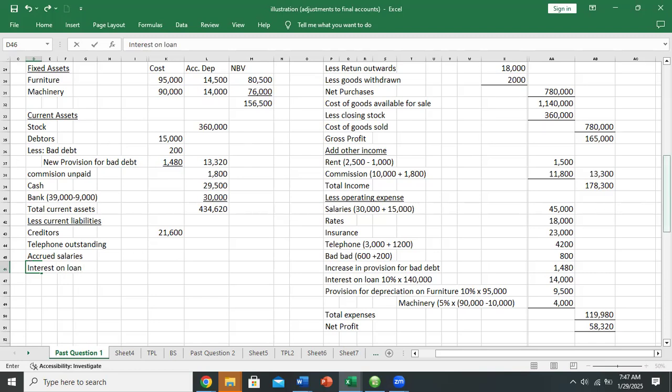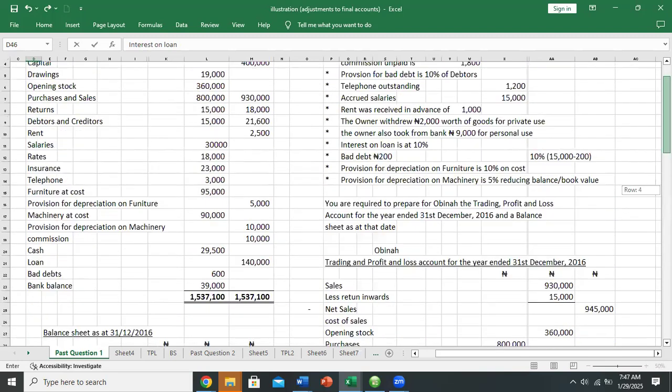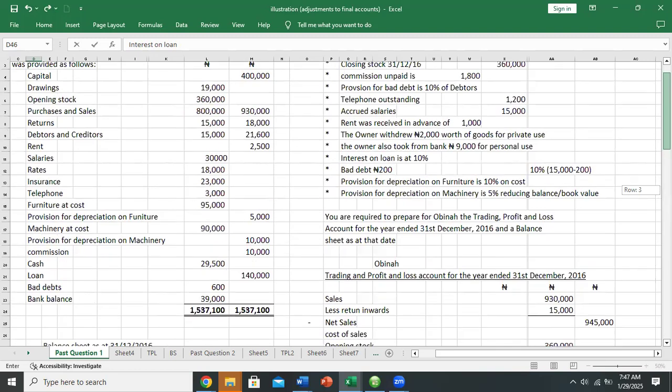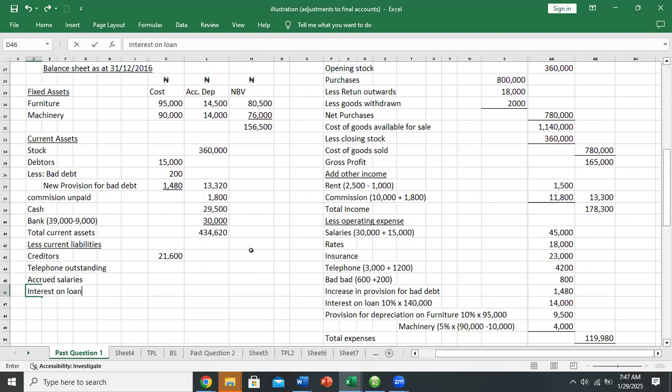Let's bring these figures in. So 1,002 for telephone, 15,000 for salaries. Then the interest on loan is 14,000, right?